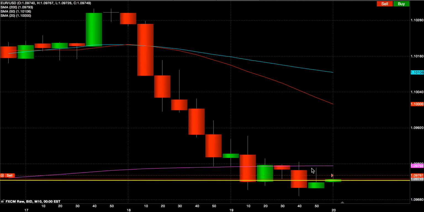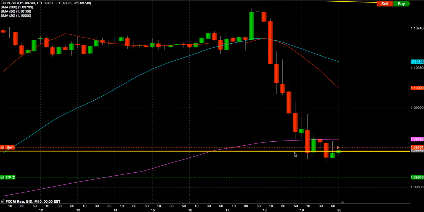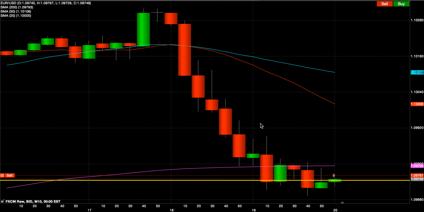As you can see here, that's what it did here, here. So previous support, we had a quick bounce here, is now resistance on this. So I'm up about 1 pip. I'm looking for 10 to 12. Looks like I'm break even now.